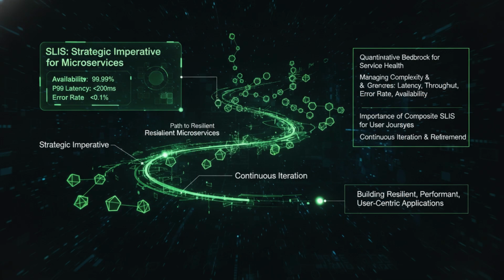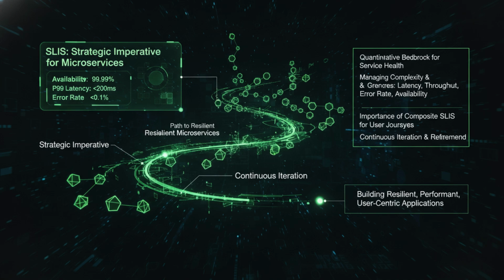In conclusion, defining robust service-level indicators is not merely a technical exercise. It's a strategic imperative for any organization leveraging complex microservices architectures. We've explored how SLIs act as the quantitative bedrock for understanding service health, differentiating them from the target-oriented SLOs and contractual SLAs.